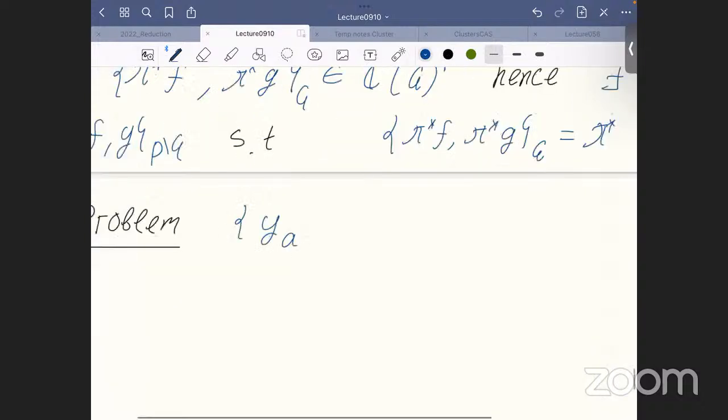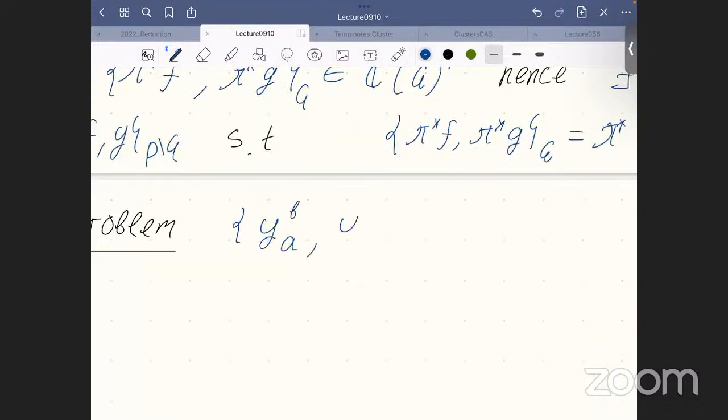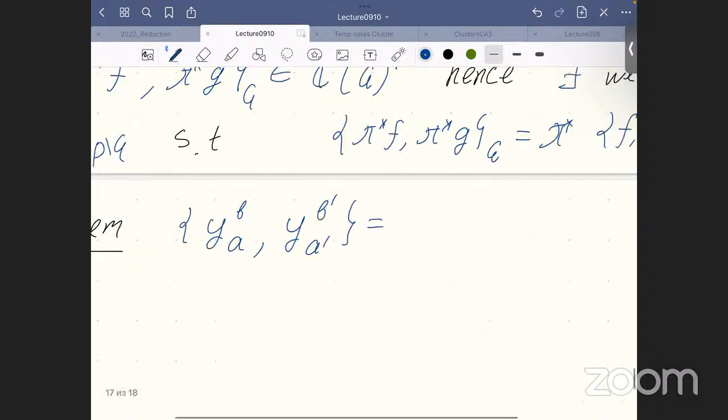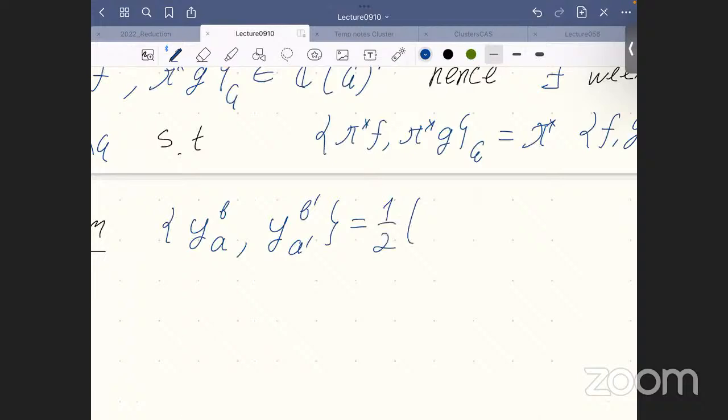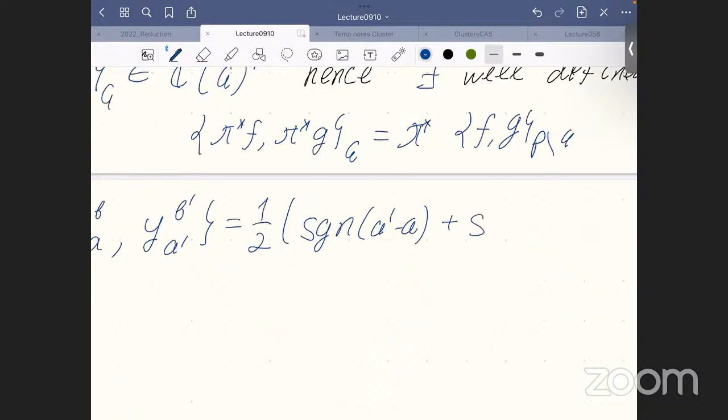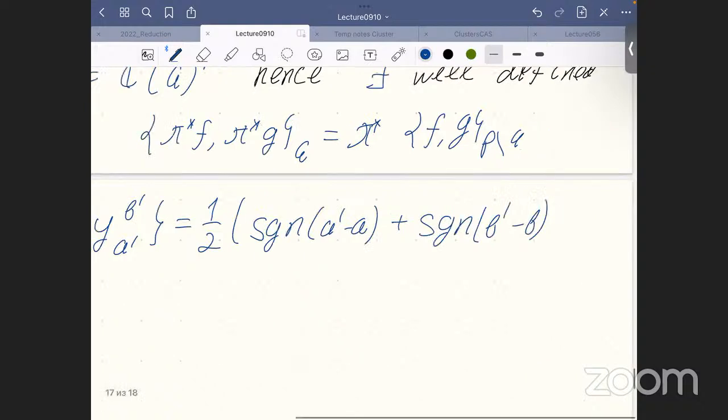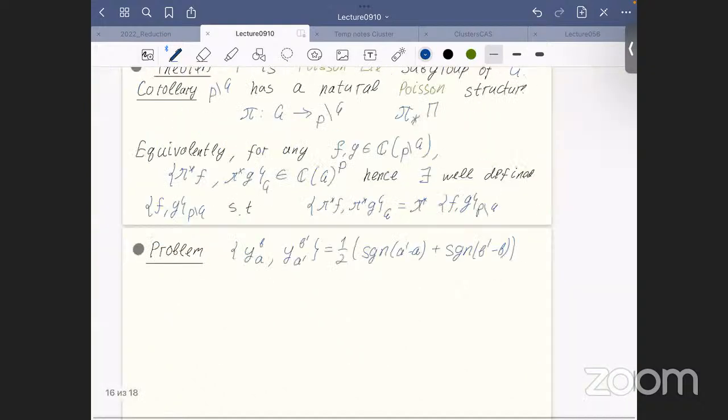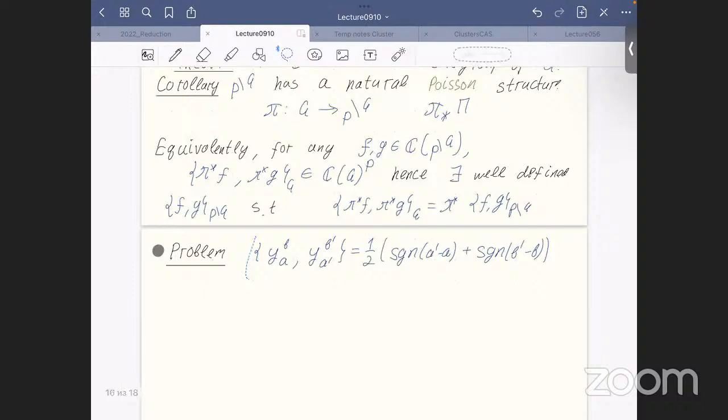Then the Poisson bracket of y a b and y a prime b prime is equal to 1/2 sine a prime minus a plus sine a prime minus b over product in permuted indices.